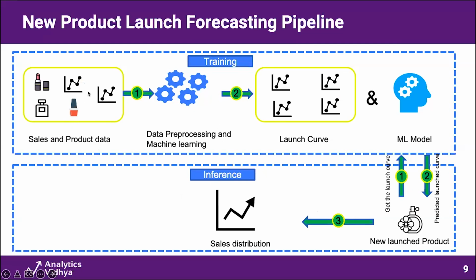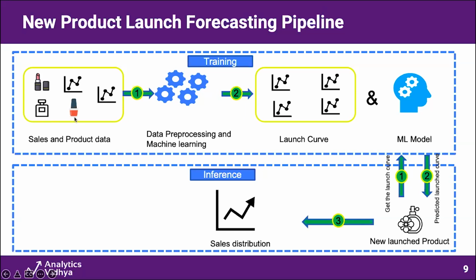At first, starting from the left on the top on the training side, you have different items. For indication purposes, I have shown items like beauty items and fragrance items. Some nail prints you see, some fragrances you see, and then sales data is there. So all these are at one place.